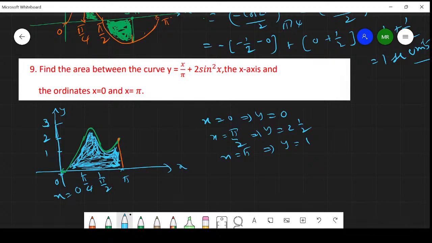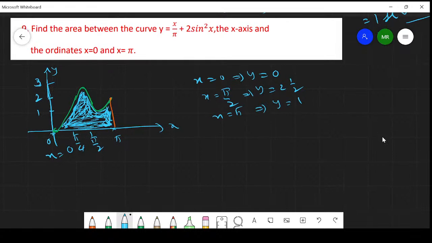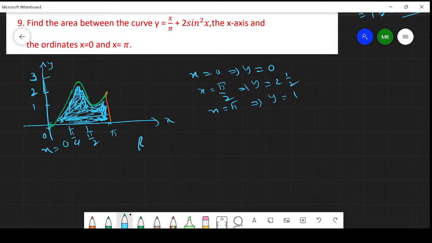Now you can write the required area equal to the integral between 0 to pi.